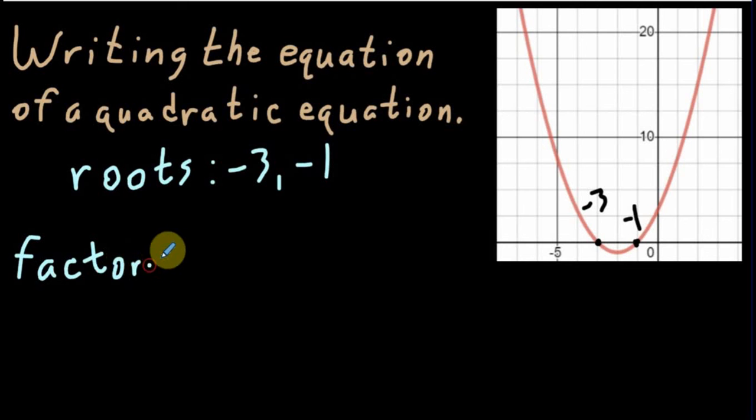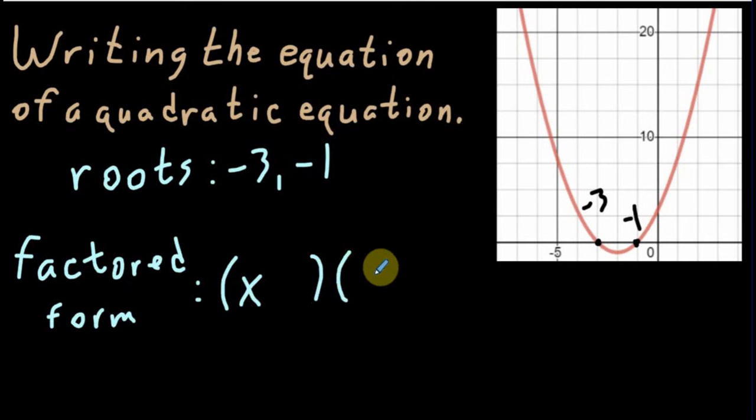Sorry about my slow writing. So we first want factored form. Factored form is going to be x plus or minus something times x plus or minus something.